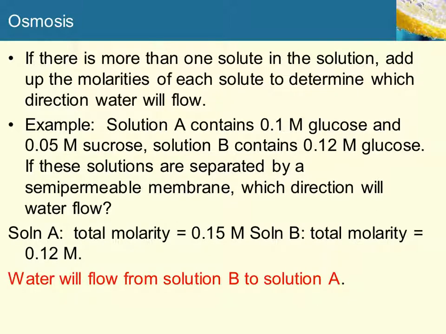Because it needs to even out the concentrations. So it's going to go from B to A. A will become more dilute, and eventually they will have both the same concentration, and that concentration would be around 0.135.